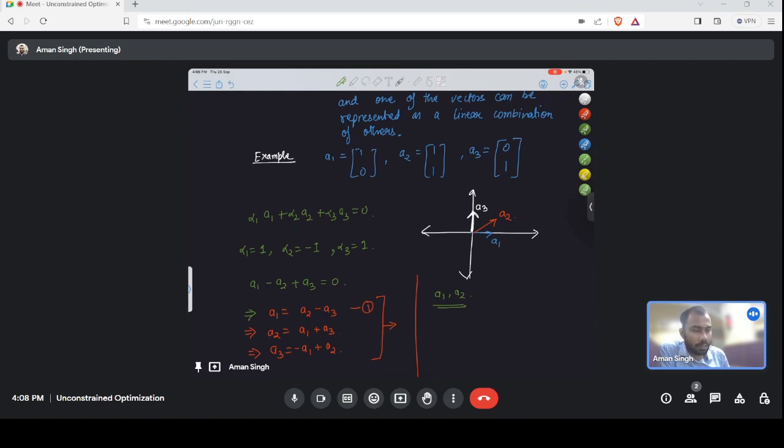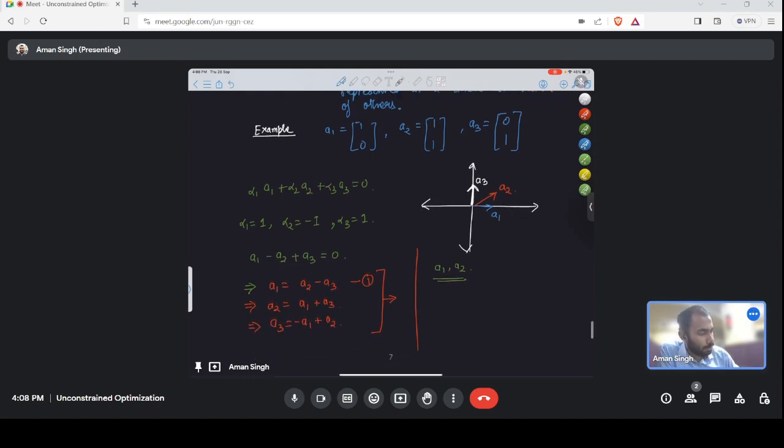Now let's take only two vectors, A1, A2. Are these linearly independent or dependent? Let's see, alpha 1 A1 plus alpha 2 A2 equals 0. Is there a way where alpha 1 and alpha 2 are not 0, but still this is 0? Actually, it's not possible. So this means alpha 1 equals 0 and alpha 2 equals 0.